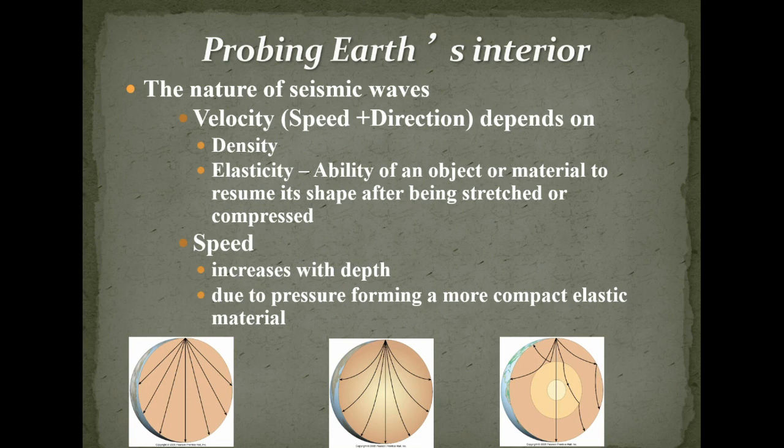And then speed in general of the waves increases with depth, and the increase with depth has to do with a couple of things. Pressure is one of them, and because of the pressure, the Earth's material is becoming more compact, and so the waves can travel faster through it.